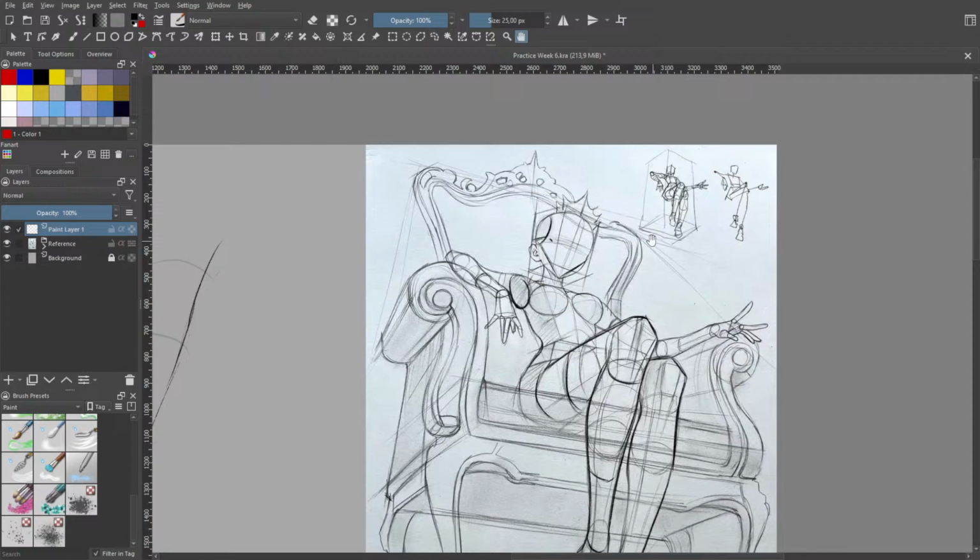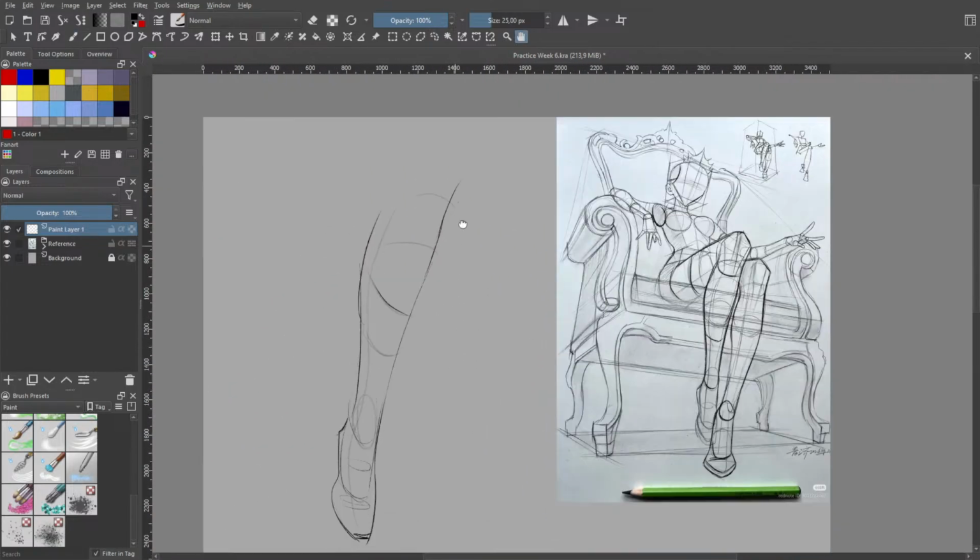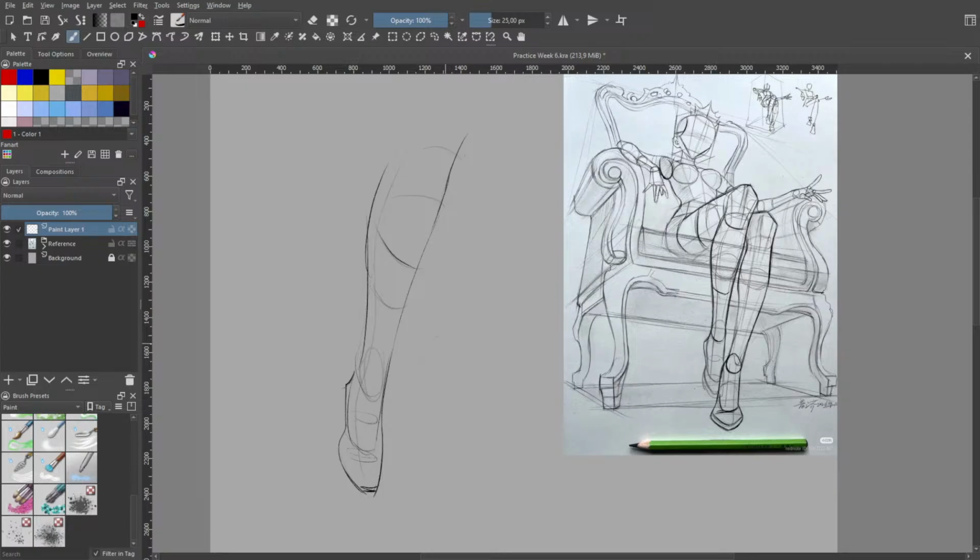Anyway, I'm kind of getting in my usual state of mind, like I don't know how to say this. Kind of feeling it when my mind is in the right place to draw, you know?